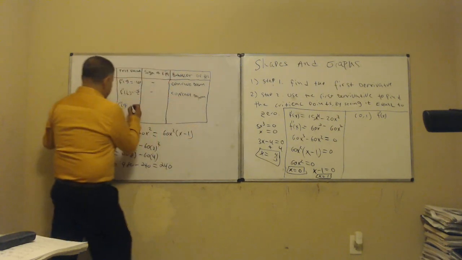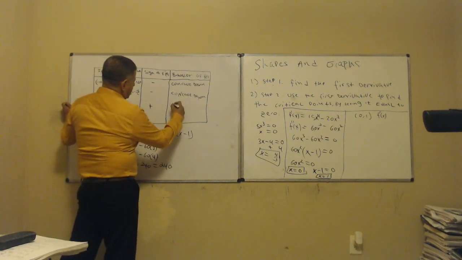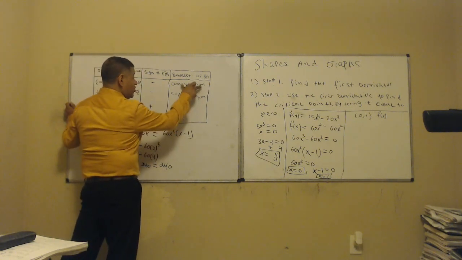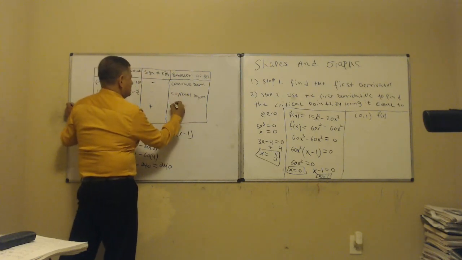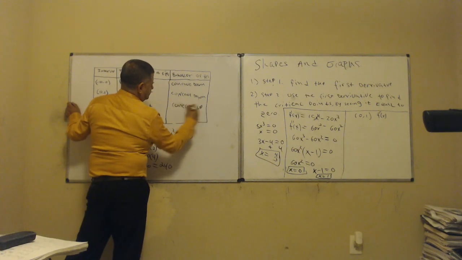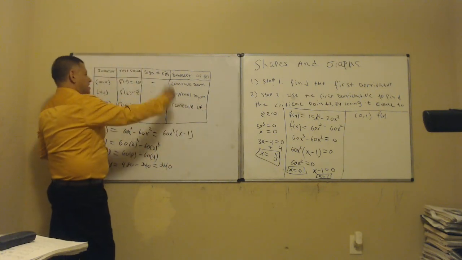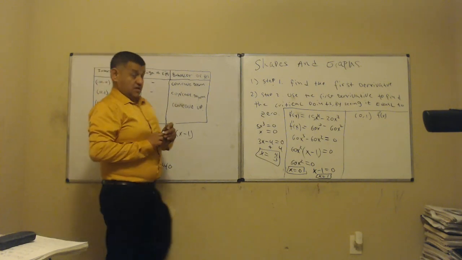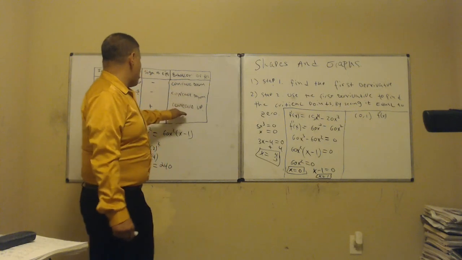You can see that it's equal to 240, which is positive, which is concave up. So two concave down and one concave up.